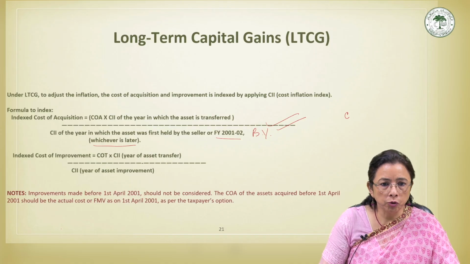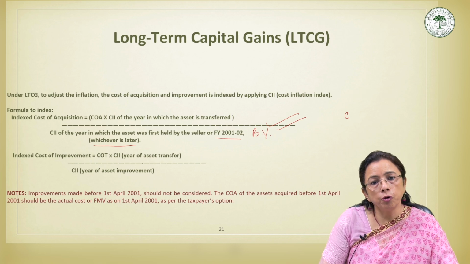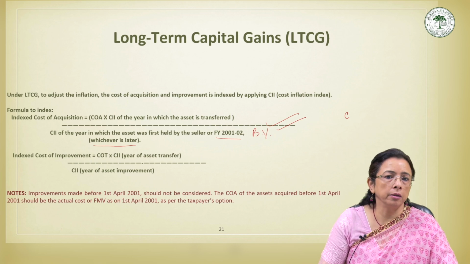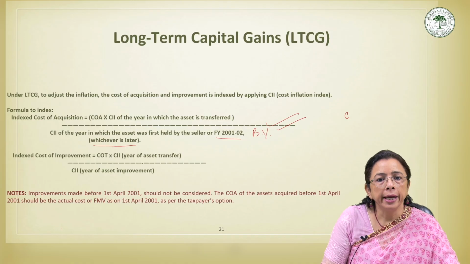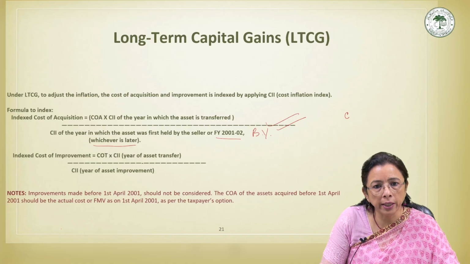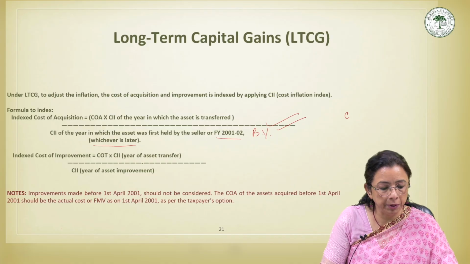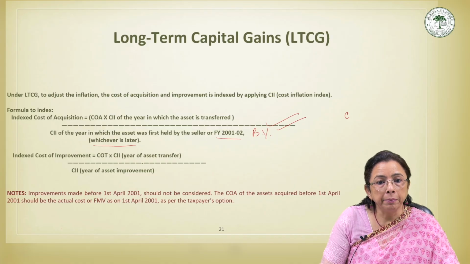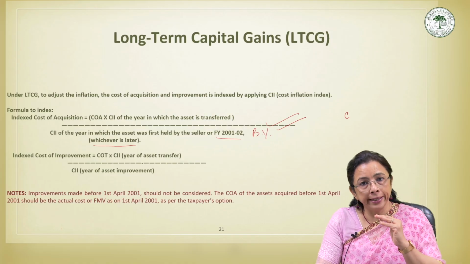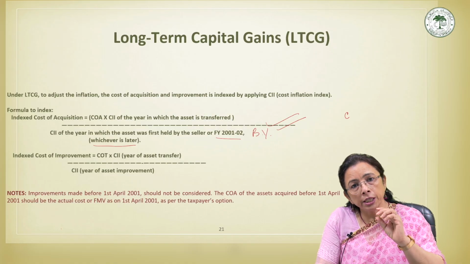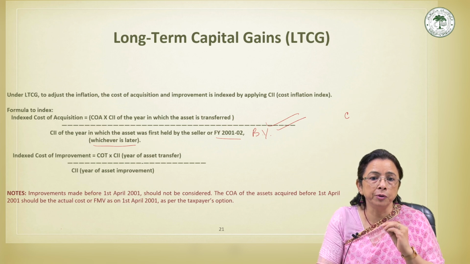There is an important note given below on your slide. If the asset was purchased before 1st April 2001, then you can choose any one of them, that is actual cost or FMV as on 1st April 2001, whichever is beneficial. Please remember that, okay? For indexation, one of the years is always considered as the base year from which the inflation index is computed.